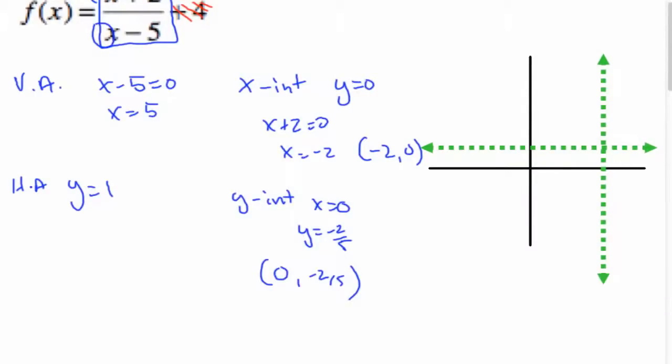All right, so I know that this is y equals 1, x equals 5. And when I see this graph now, I also know I have an x-intercept at negative 2, which is about here, and a y-intercept at negative 2/5, which is about there.